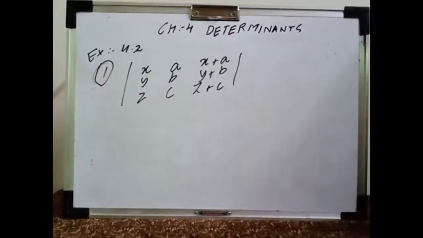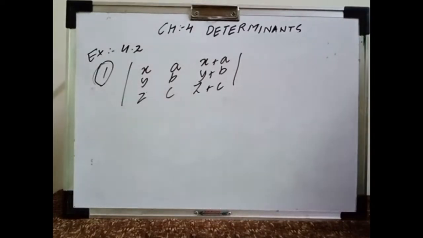Let's start with the very first sum of your exercise 4.2. Here they are asking us to find the value of this determinant without actually expanding it. So using properties we need to find the value of this determinant.